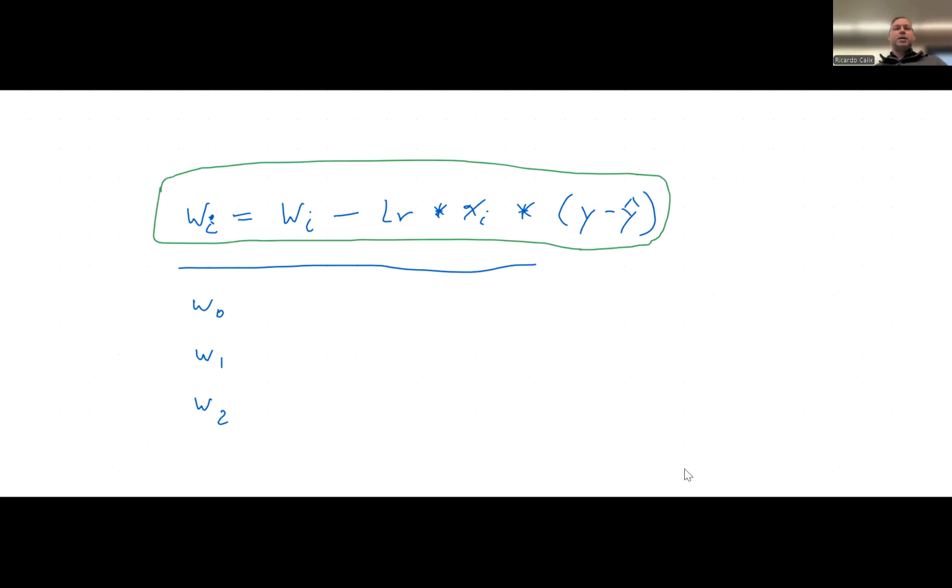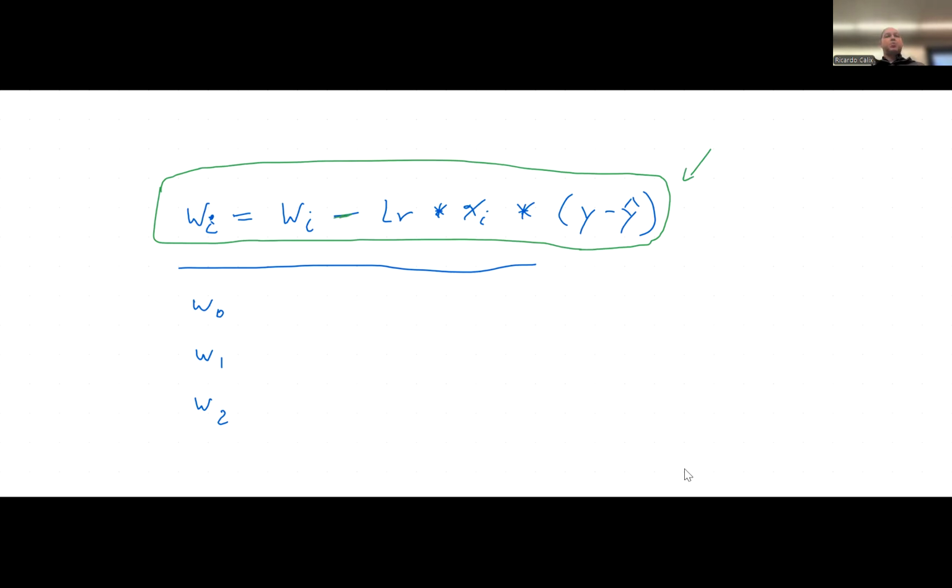Before, W0, for instance, was 1, and then I tried 0.9, right? So that means that I took 1 minus 0.10 and arrived at 0.9, right? The perceptron says this is the learning rule, but how do we figure it out?